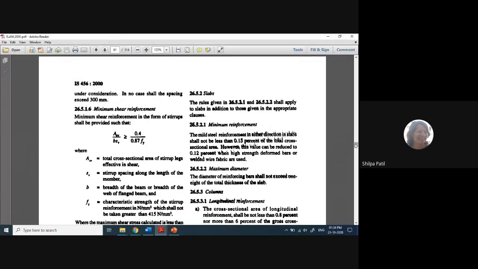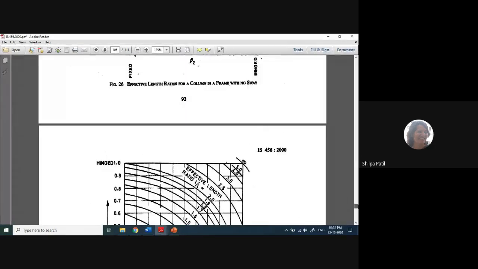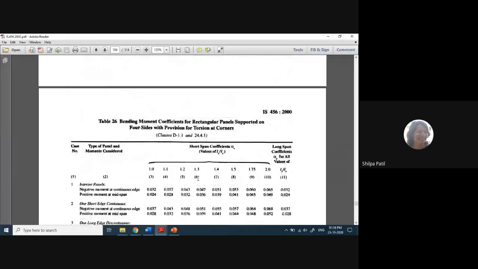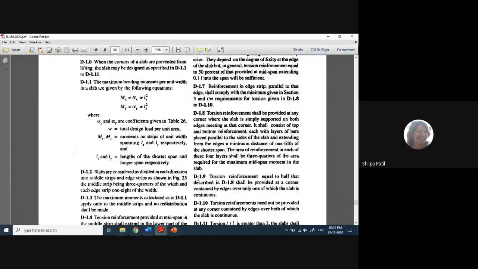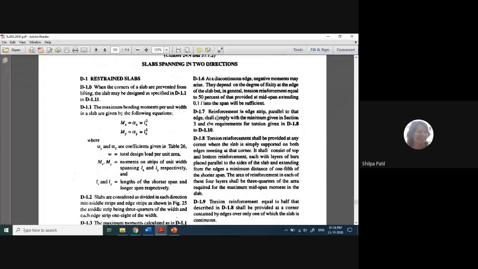Okay, so if I go back to your Annex D and the same clause which we were reading right now, that the reinforcement in edge strip parallel to that edge shall comply with the minimum given in section 3 and the requirements for torsion.